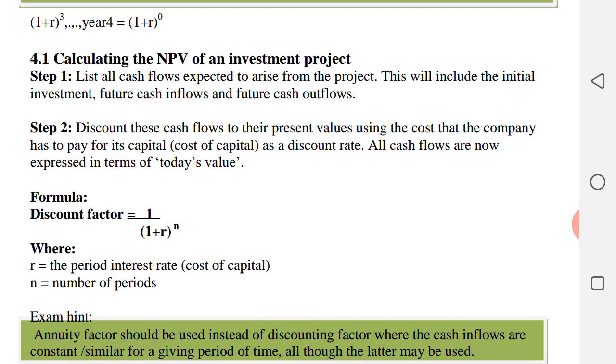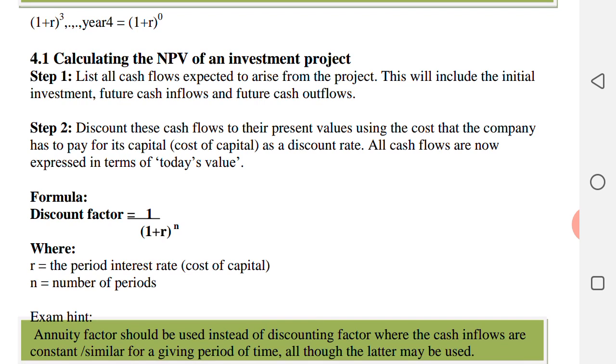Now the cash inflow must also follow relevant costing. You were taught relevant costing, whereby you must know those inflows that will affect decision making. That means any sunk cost, any past cost, any historical cost will not form part of our relevant cost.